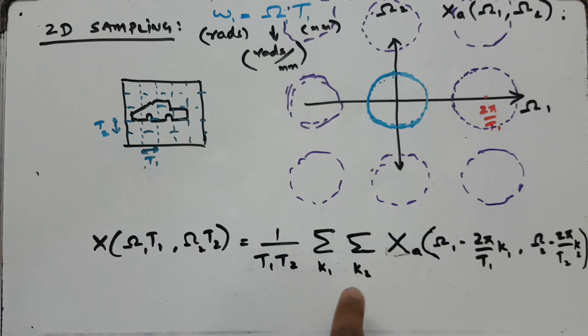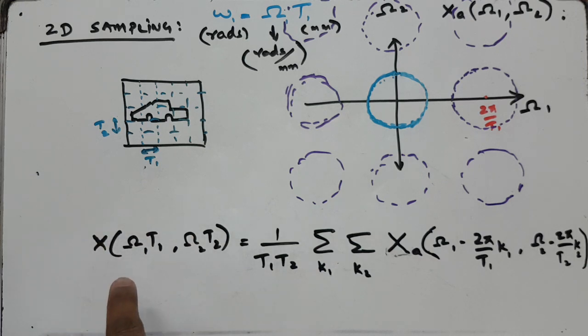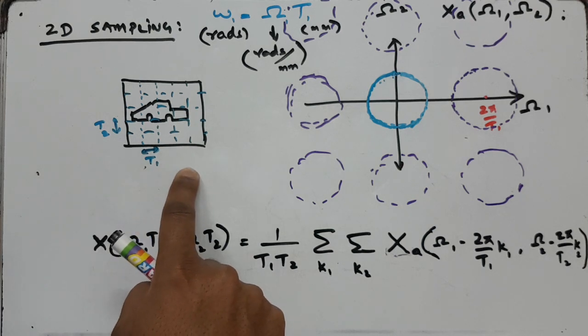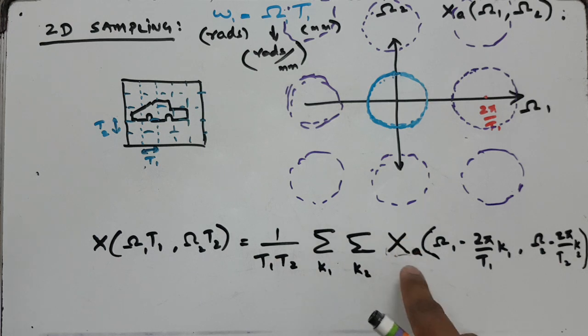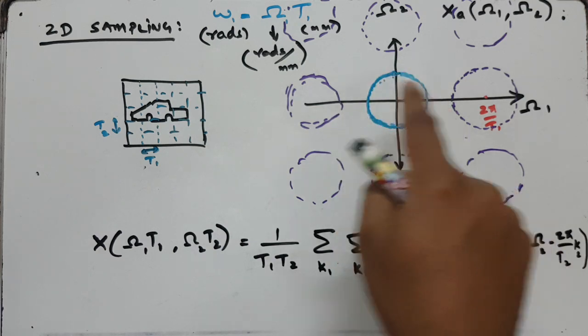So what is this? The X that we have written is the 2D Fourier transform of the discretized version of our input, where capital XA is the Fourier transform of the continuous input.